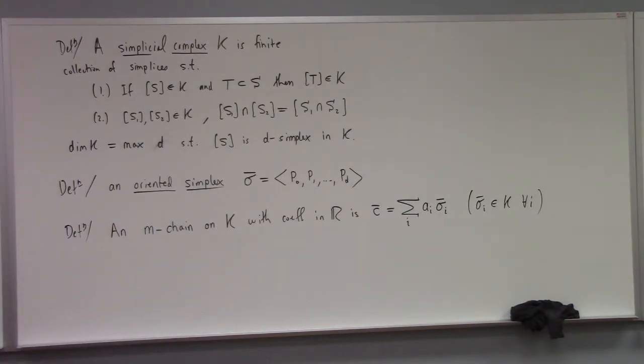He says this is subject to the convention that if sigma bar I and sigma bar j represent oppositely oriented simplices, then we write sigma bar I is equal to minus sigma bar j.